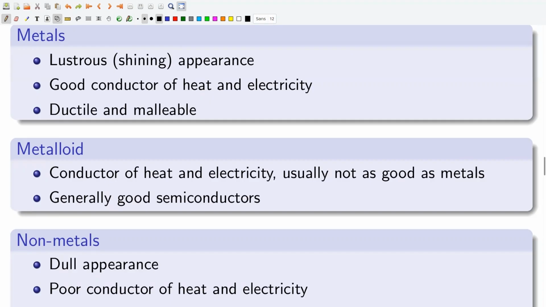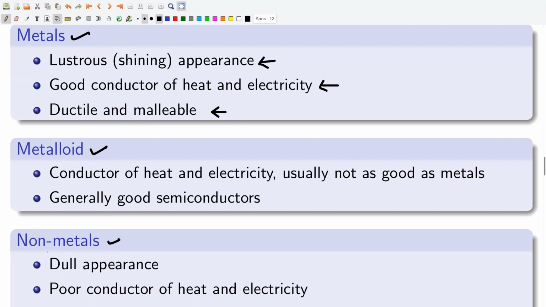Thus, based on bonding, we have broadly divided the materials in three different categories: metals, nonmetals, and metalloids. Metals have shining appearance. They are good conductors of heat and electricity, and they are ductile. That means they can be deformed without breaking them.